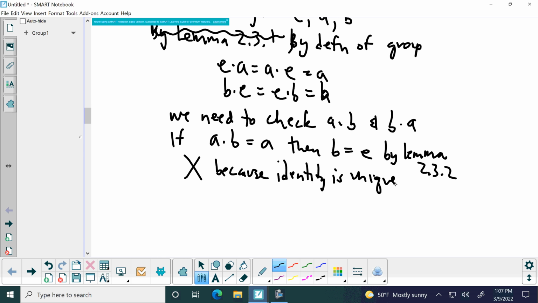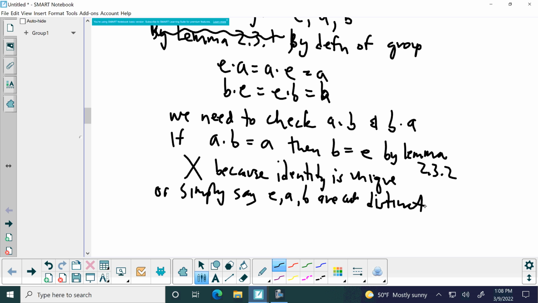So I can't have B equals E. I may not have to go as far as uniqueness of the identity. I could just say E, A, and B are all distinct.